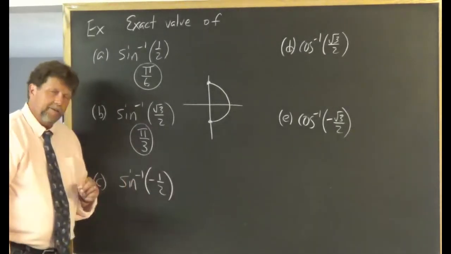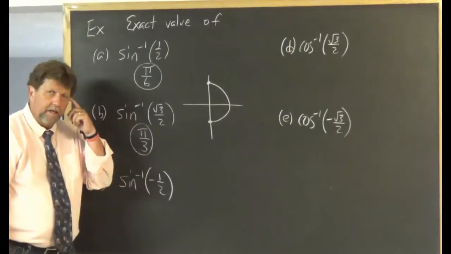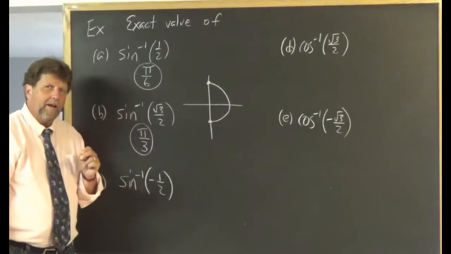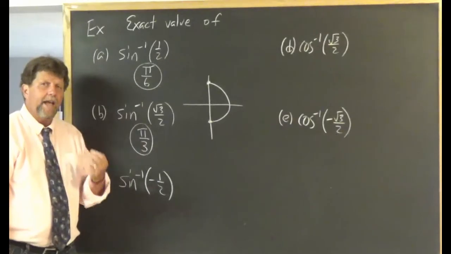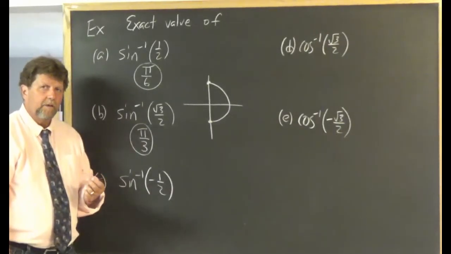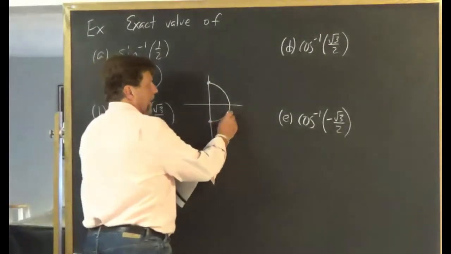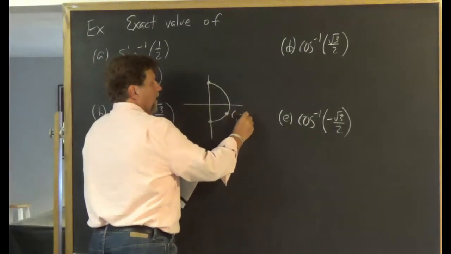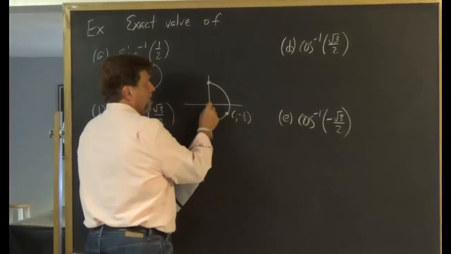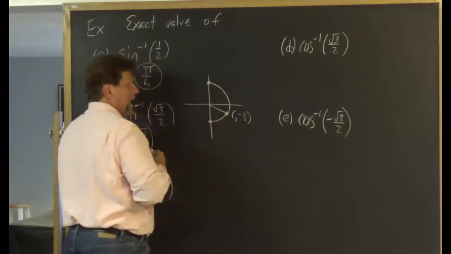Inverse sine of negative 1/2. Think, you're getting an angle off the right half of the unit circle. Then when you do the sine of that angle, you get negative 1/2. Here's the point on the unit circle that would have a y-coordinate of negative 1/2. So there's the angle.